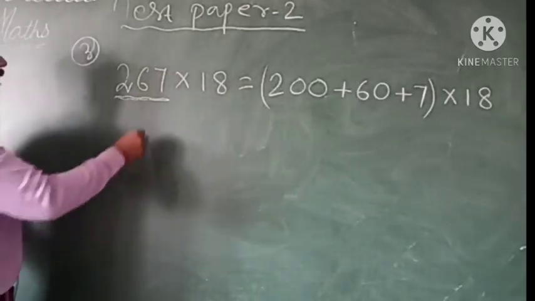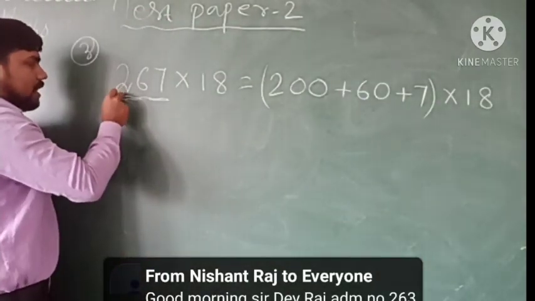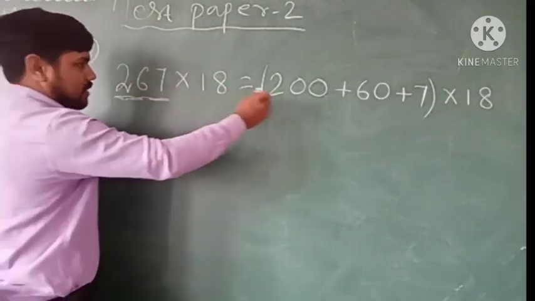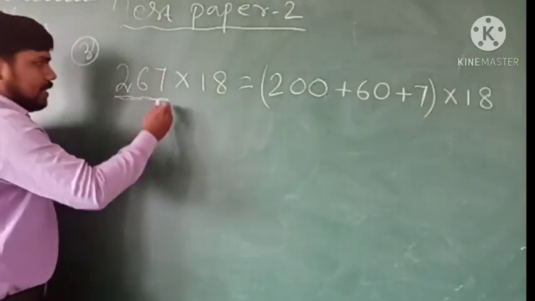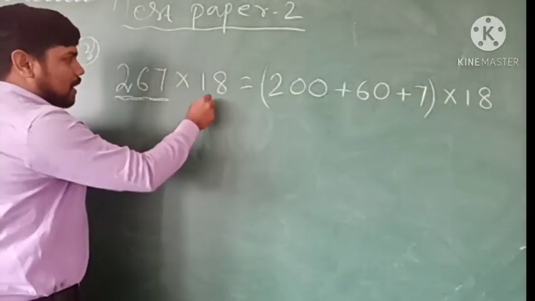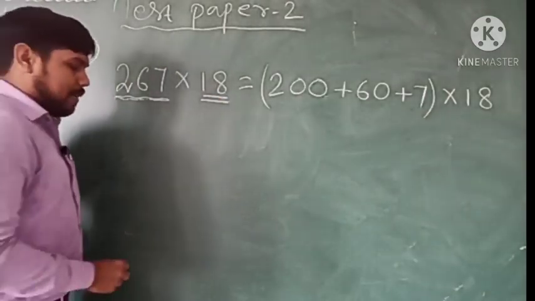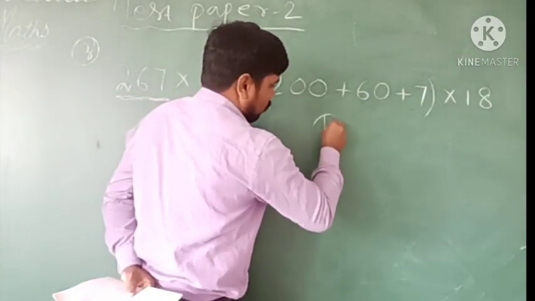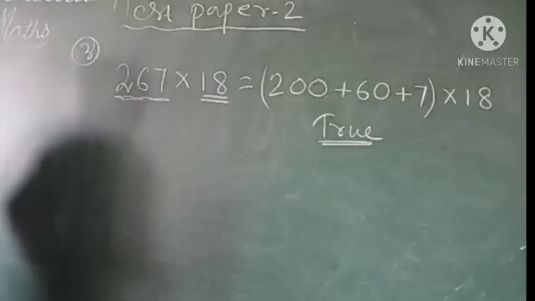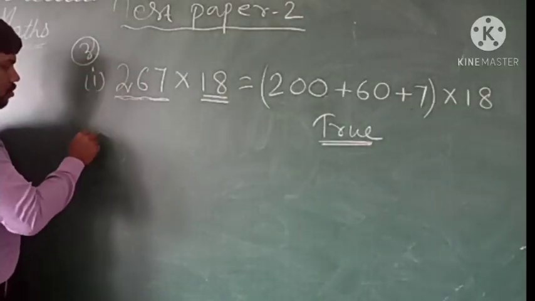So here we have 200, plus 60, and then 7, and multiply by 18. So definitely this statement will be true. This means the first statement of the third question is true.